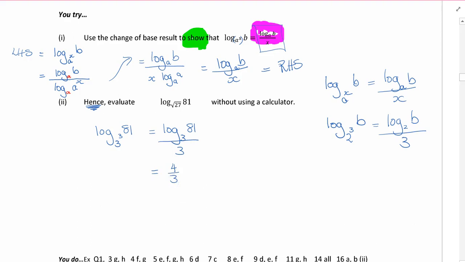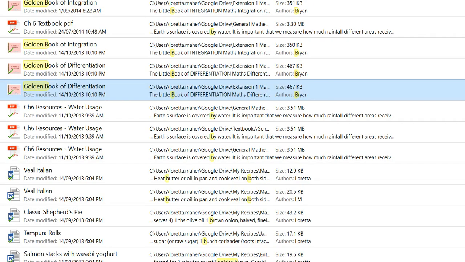So I might have gone through that a bit too quickly for you. So rewind, slow it down, whatever you need to do to get that. And don't worry too much about, well, you've never seen this before. That's fine. It's not a rule that is part of our syllabus. However, it is just something that could come up in a question, and we'll use it as directed. Okay, you should be right then to do exercise 12A.